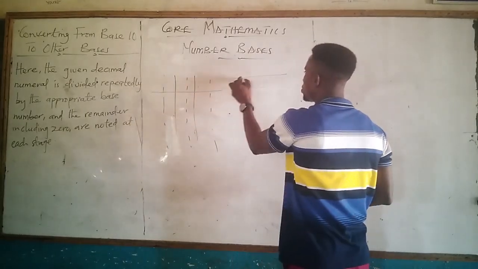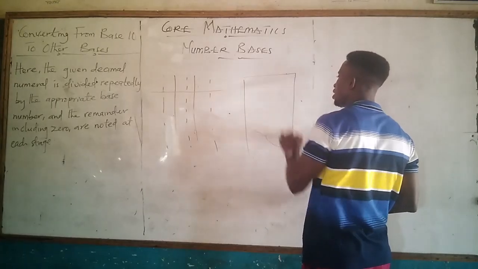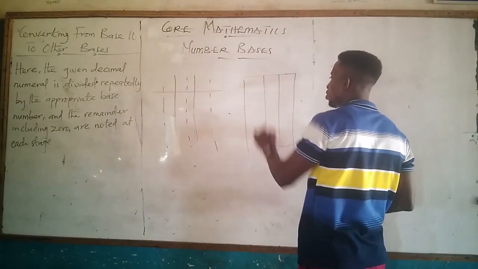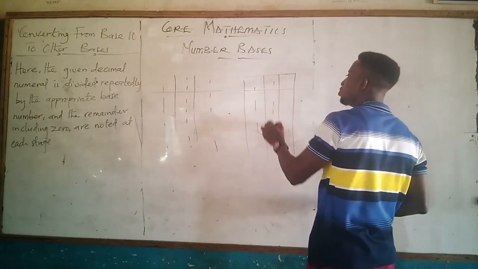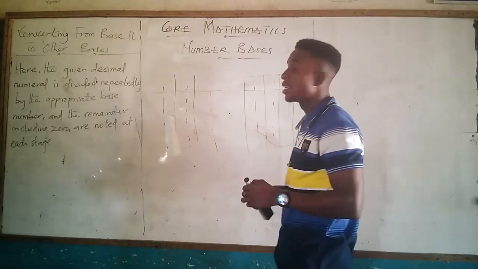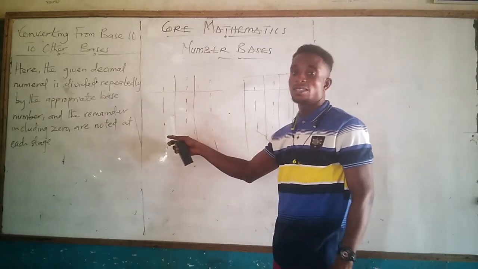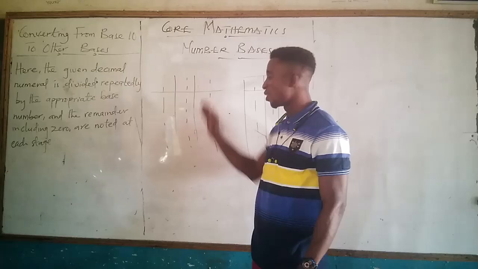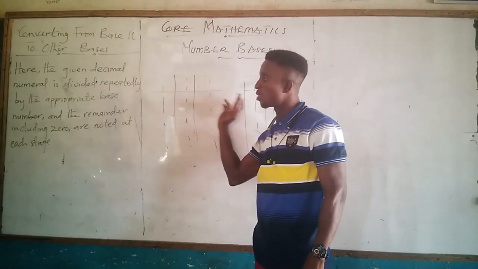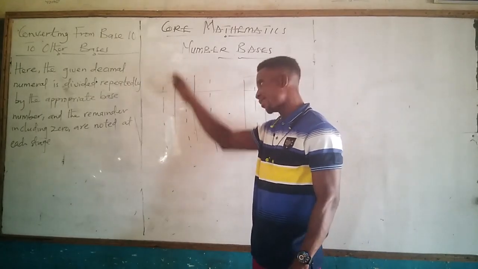Some people can also choose to do it this way, with all the 3 columns closed, and it's the same thing. But for me, I always prefer this one. This is not the columns, these are the rows, and these are the columns.